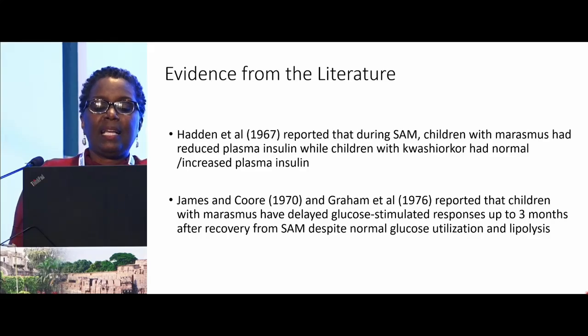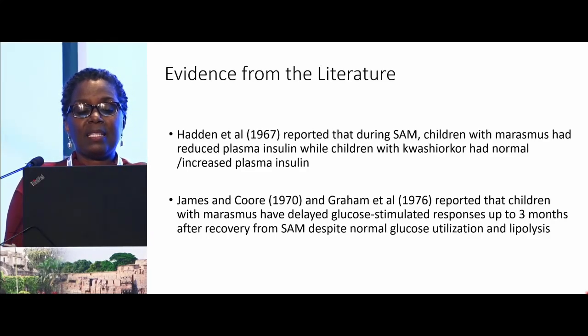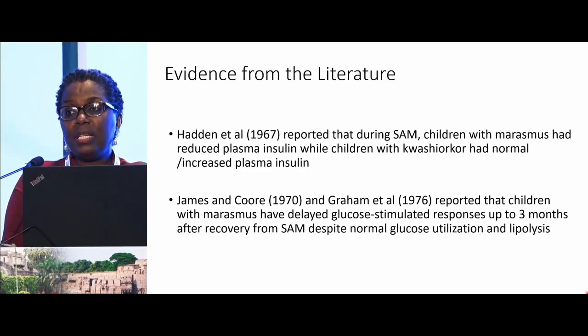Haddon et al., in 1967, as far back as then, reported that during the acute episode of SAM, children with marasmus had reduced plasma insulin, while children with kwashiorkor had normal to increased plasma insulin.